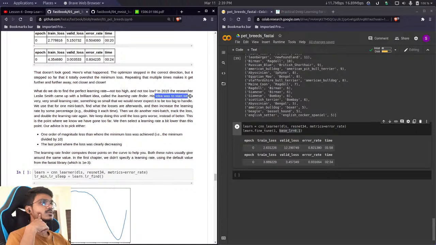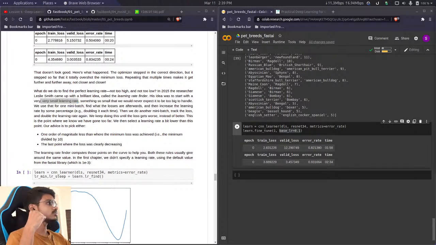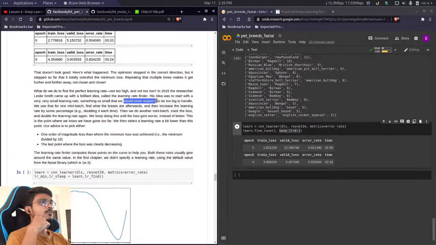His idea was to start with a very small learning rate, something small that we would never expect it to be too big to handle. We use that for one mini batch, find what the losses are afterwards, and then increase the learning rate by some percentage, that is, doubling it each time.